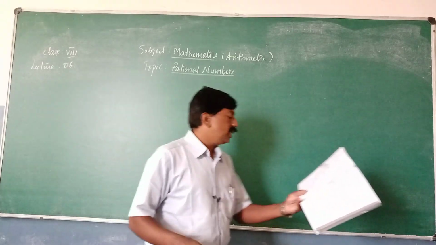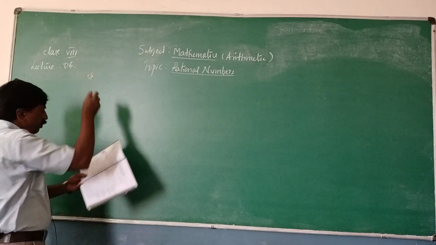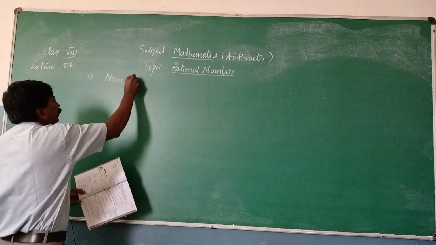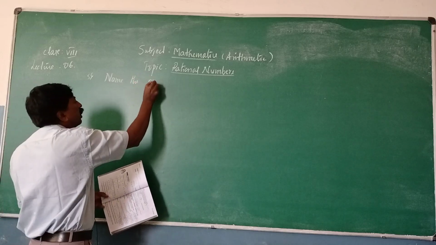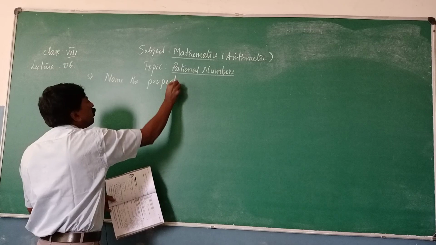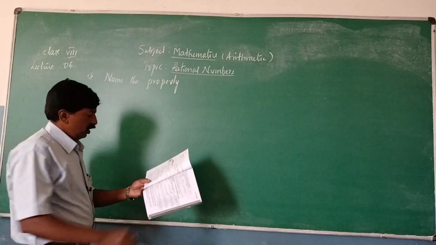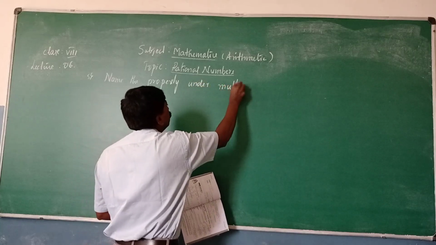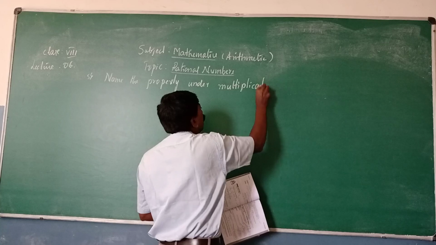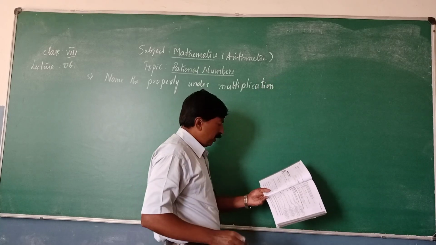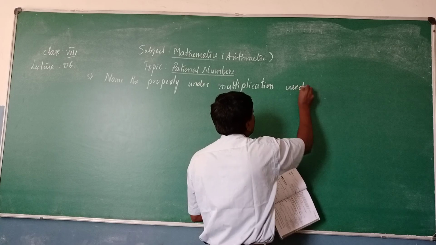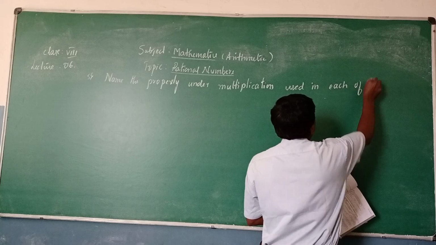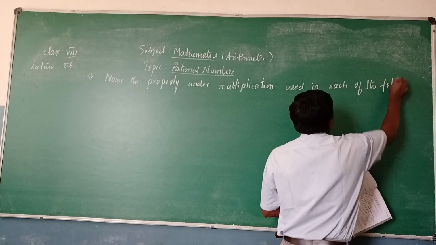Now I can pass on to the next main, the fifth main. Name the property under multiplication used in each of the following.